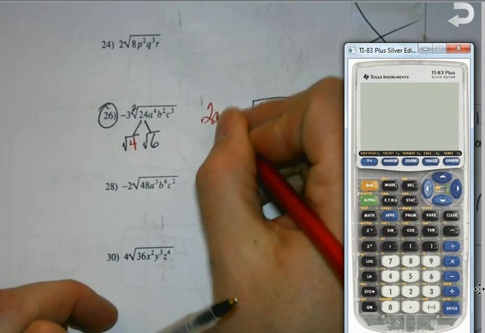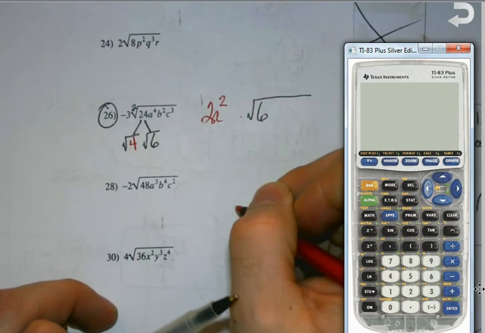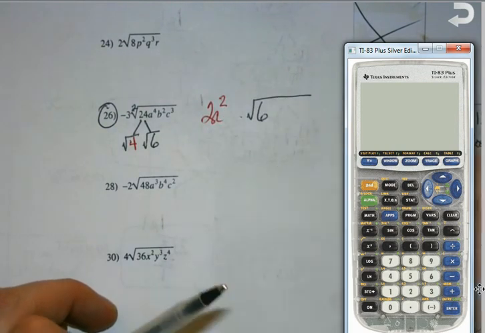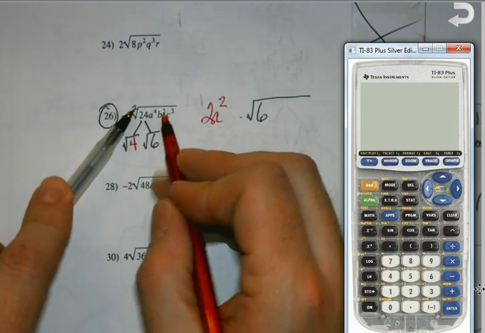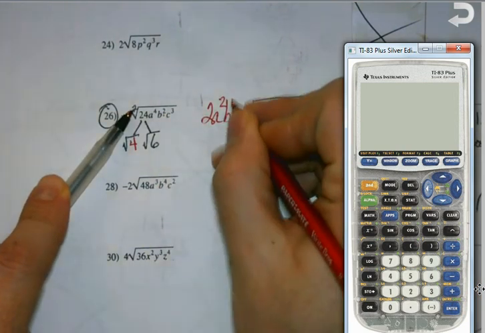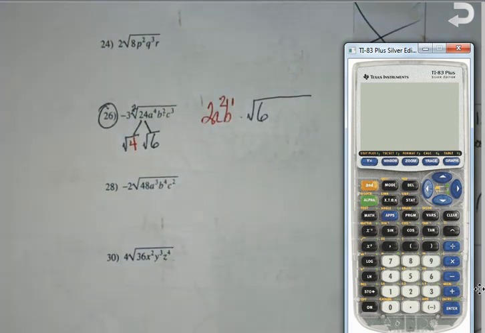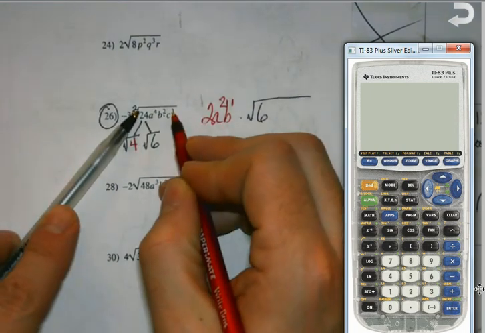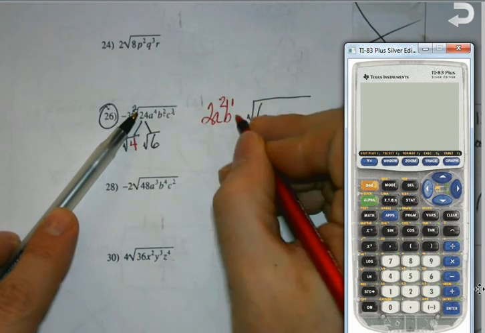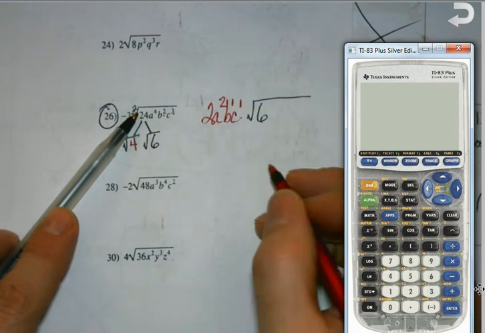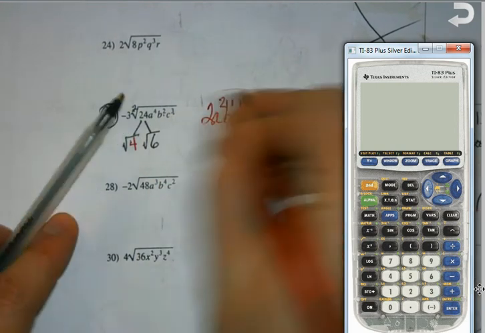Do I have any left over? Nope. So a squared, none underneath. Okay, b. How many times 2 go into 2? Once. None left over. Last one. 2 goes into 3? Once. Any left over this time? One.